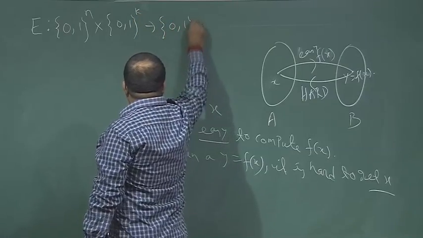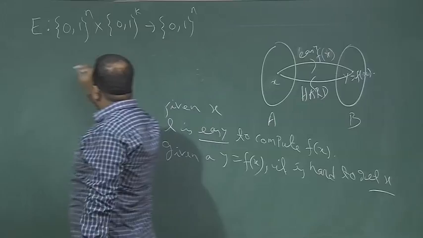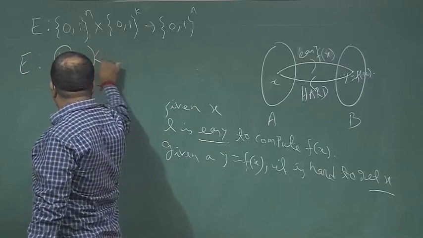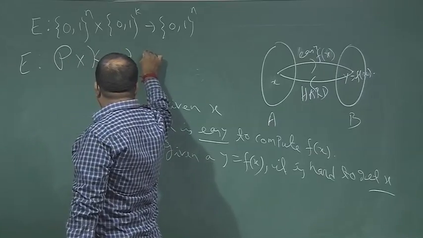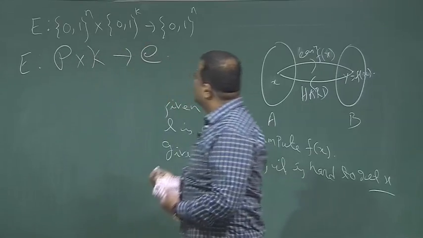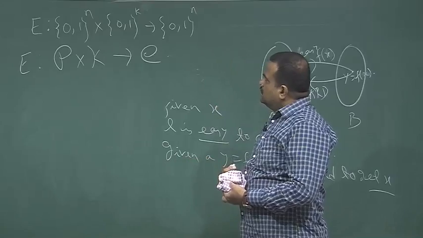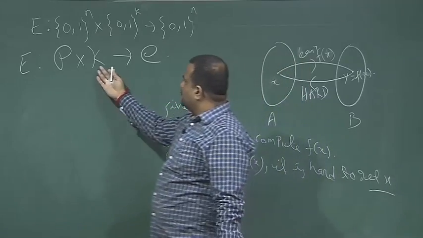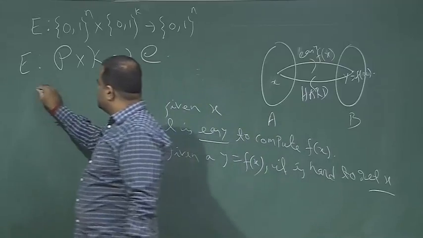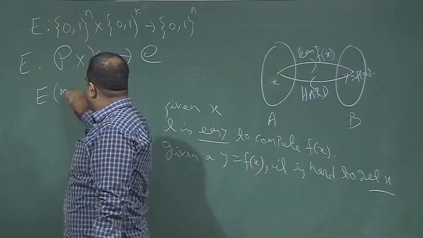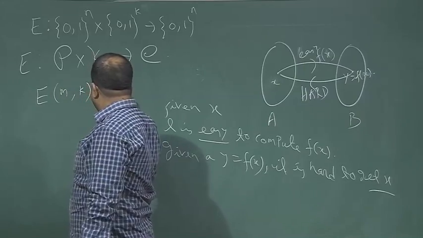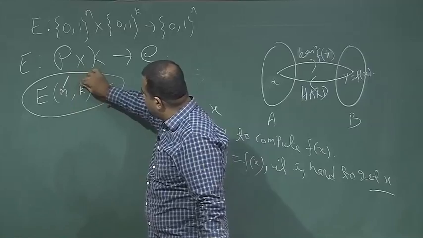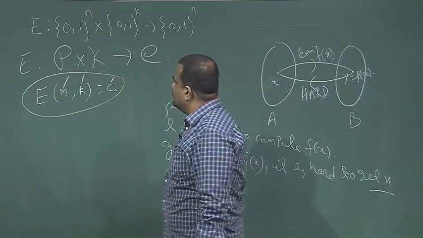So, a block cipher is basically a function from plain text space and key space to ciphertext space. Okay. So, we take a message from the plain text space, take a key from the key space, and E of m comma k will give us C.